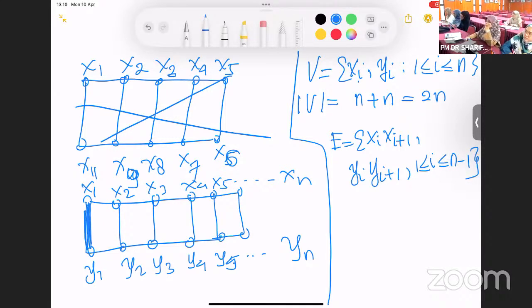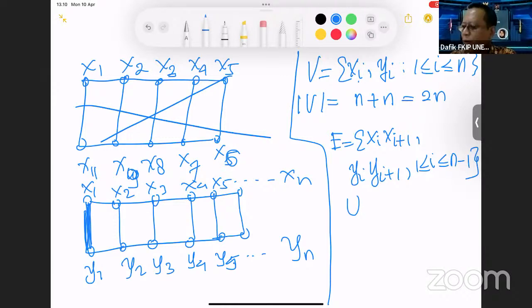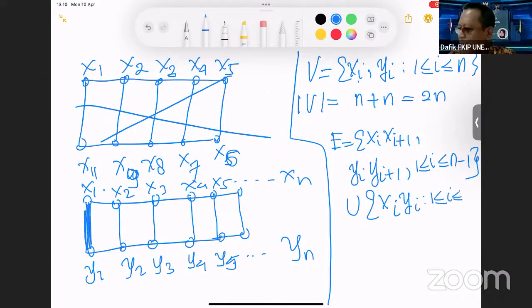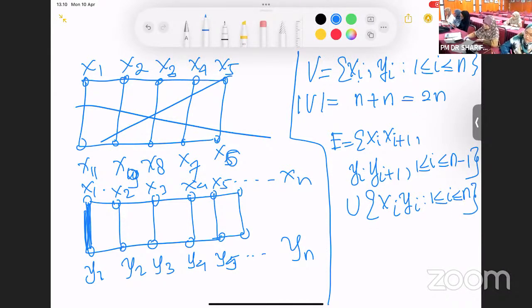Understand? And then you should put the union. What is the union one? The union of x1 y1, meaning xi yi, up to n. Understand?